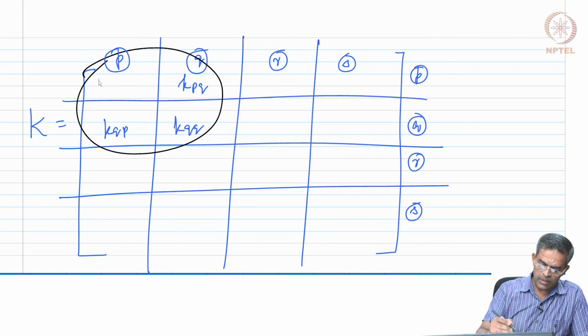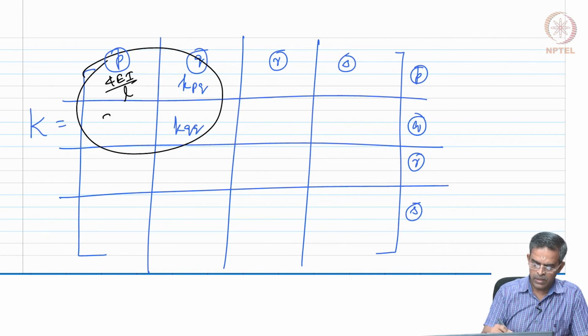This is 4EI by L. And this is 2EI by L. And this is 2EI by L. And this is 4EI by L. Just now we computed that. See here?